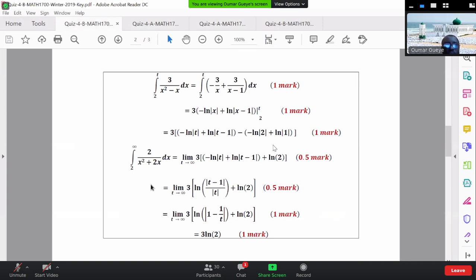All right, so next I'm going to give you a second question where you guys have to use what we learned yesterday, the comparison test. Are you done with the solution? Before I move to the next question.